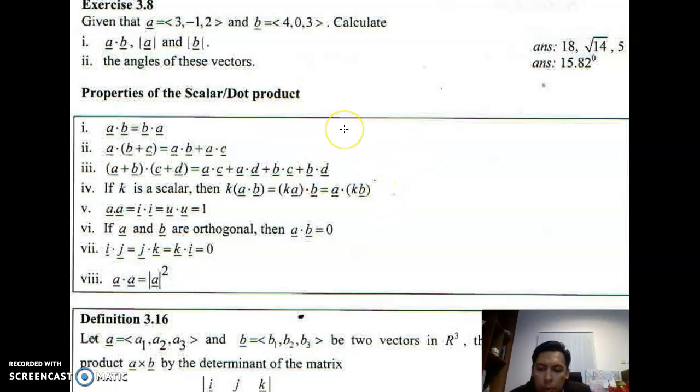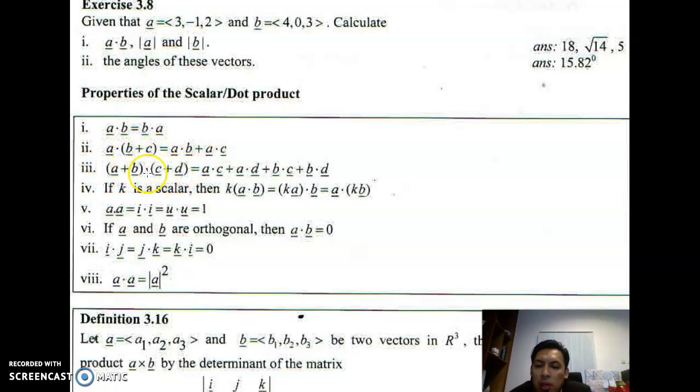There are some properties that we need to discuss here. For the dot product, A dot B will give the same answer as B dot A. And A dotted with the sum of B and C is the same as the dot product of A and B plus the dot product of A and C, just like you expand it out.